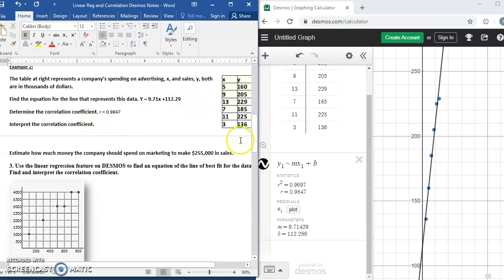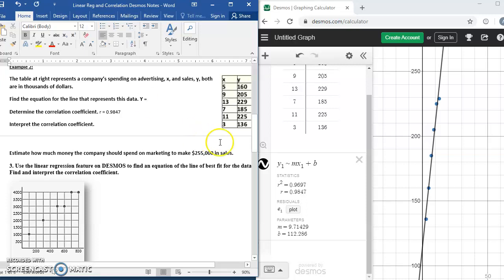If we wanted to find out, oh, you know what? I should be writing in thousands of dollars. So let me go ahead and change my slope and y-intercept here, because otherwise I do not have an accurate output for thousands of dollars.